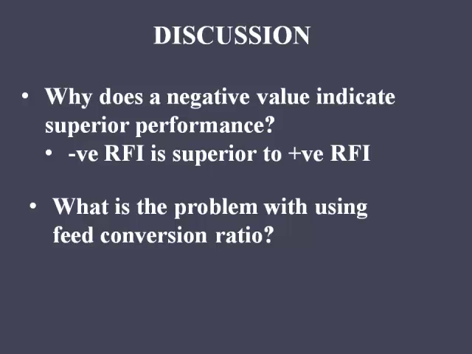That's because for negative RFI, an animal eats less than would be expected, and a positive RFI animal eats more than would be expected for its level of performance. And the problem with using feed conversion ratio is that it's a great tool for measuring animals in a feedlot or getting an understanding of animal performance. But in terms of genetic selection, it has those downsides that I was just speaking about.